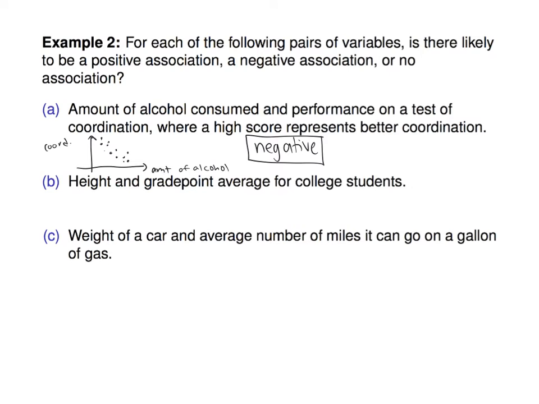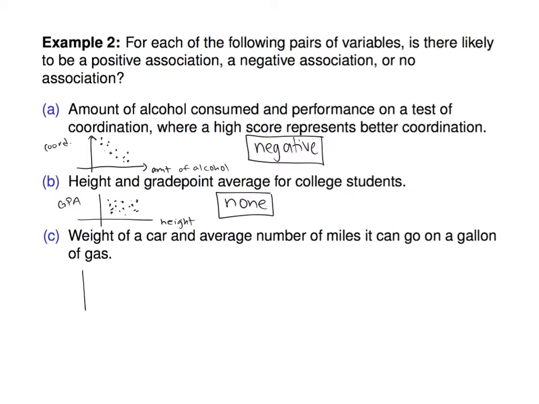Height and grade point average. Well, if you were to graph height and GPA, we'll call height the explanatory and GPA the response, and you're going to have people of various heights having GPAs all over the place. So this will very likely be no association.